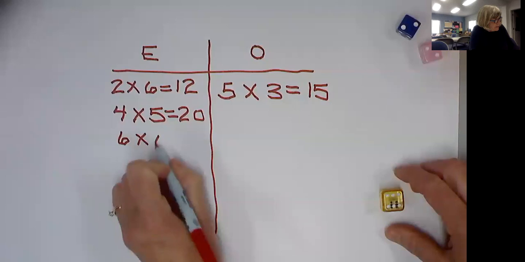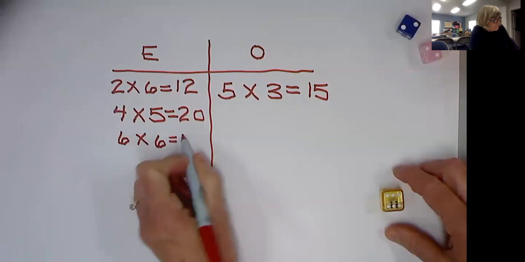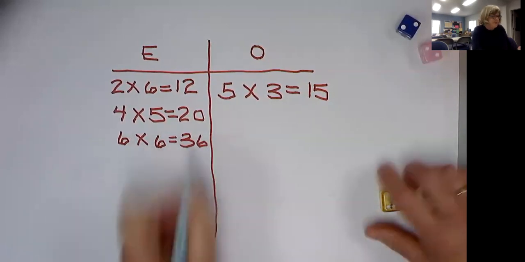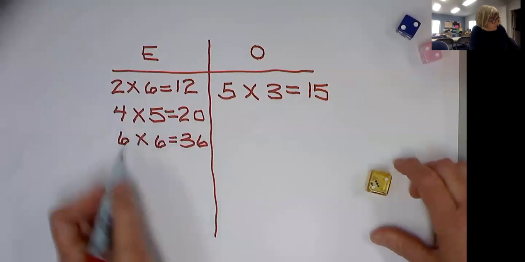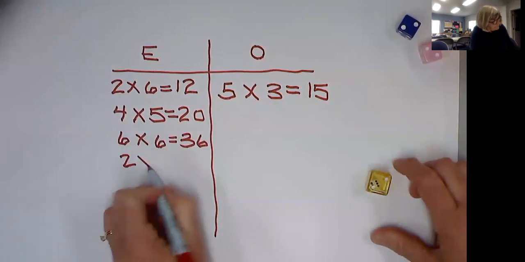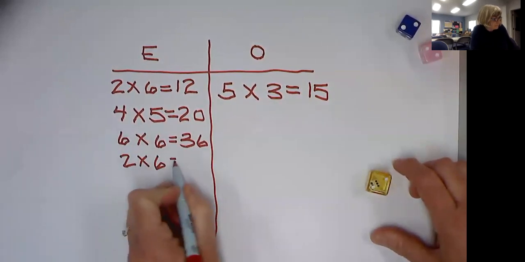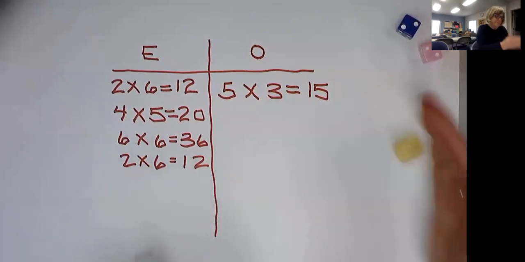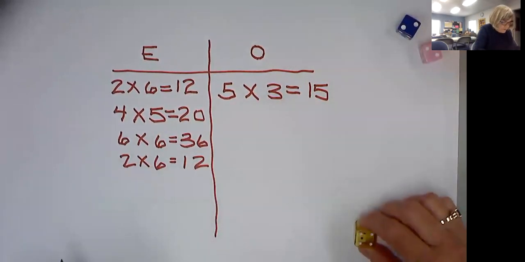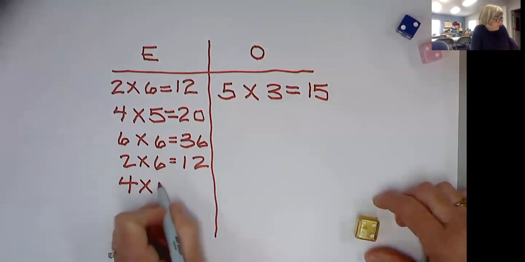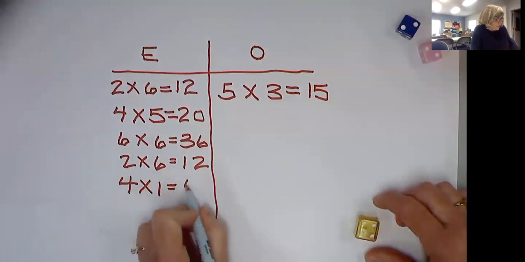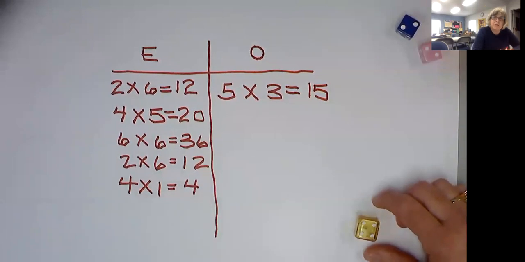What's interesting? Let's see what happens when I roll my 5th time. 2 times 6, another 12. A 4 times a 1 gives me 4. Gee, these are interesting outcomes.